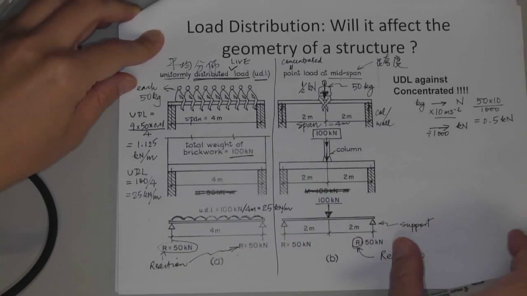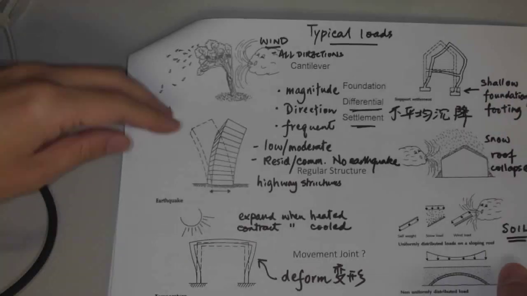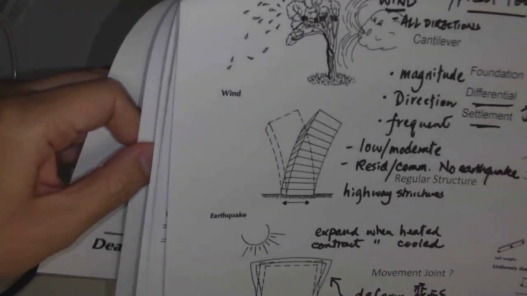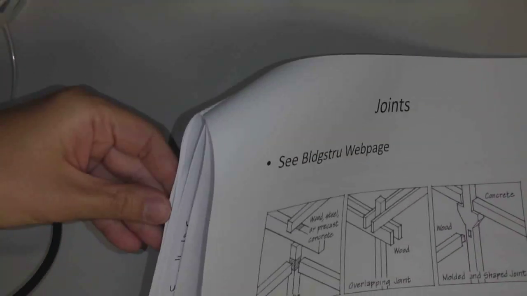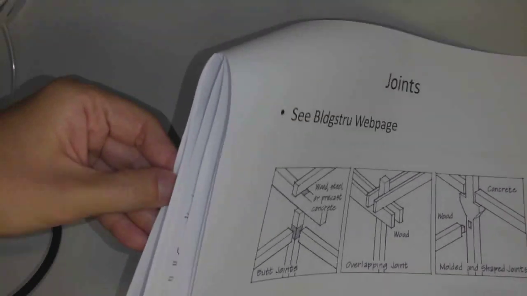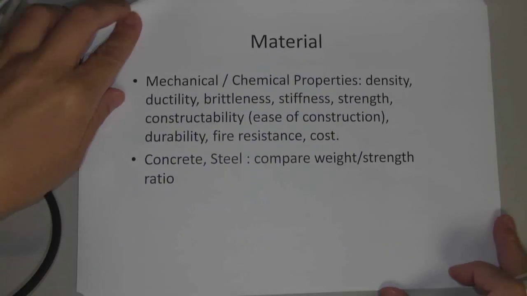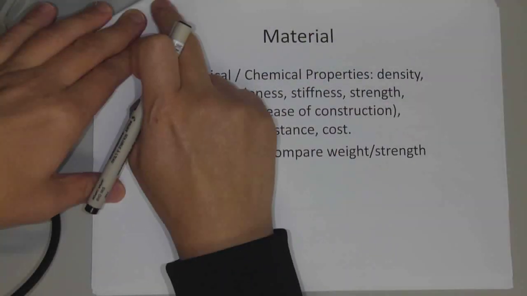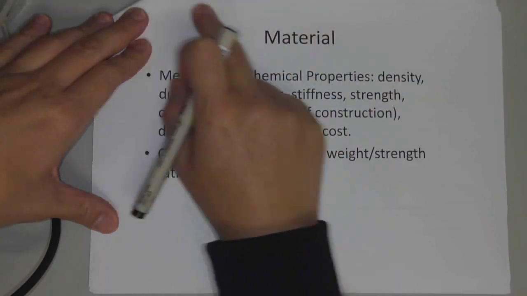Right, so that's so much I want to talk about loading for the time being. I will switch back to material. Of course, I'm not going to repeat what Kelvin Sue has already taught you.